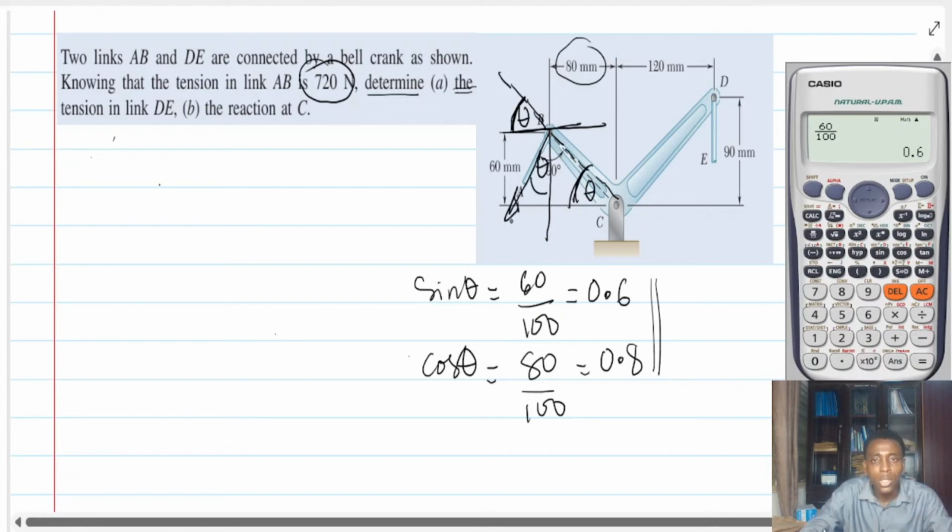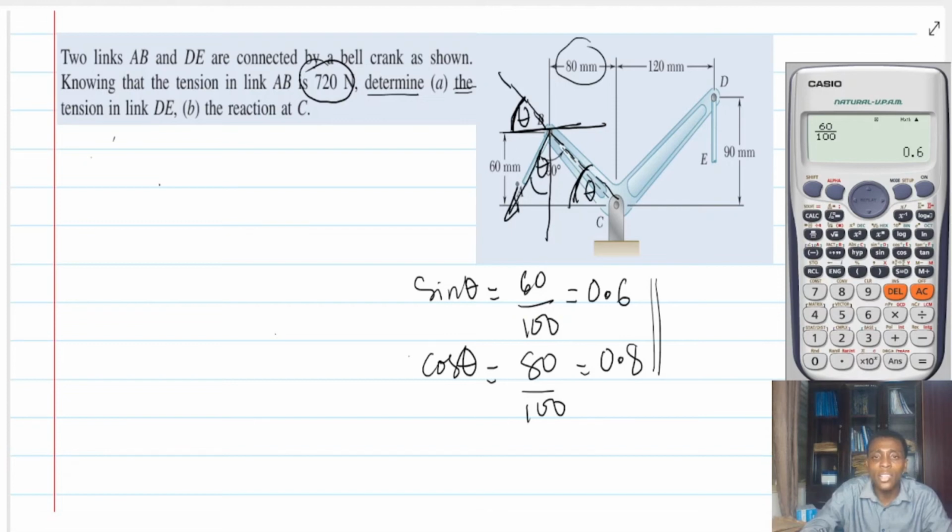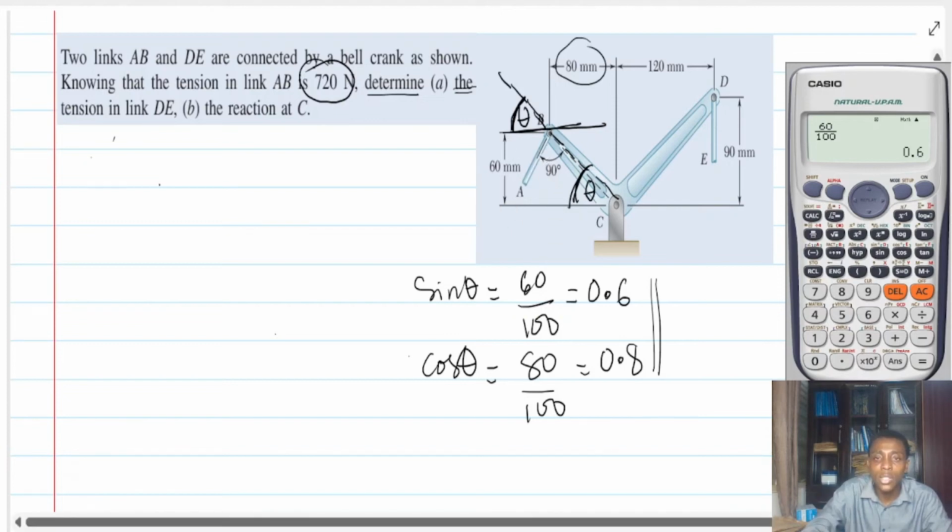All right. So having known this, we can resolve, right? This is 720 newtons, isn't it? And this 720, we are saying it makes an angle theta with the vertical. Okay, having known that, then we are done. Watch this.